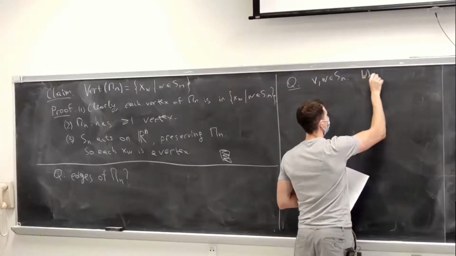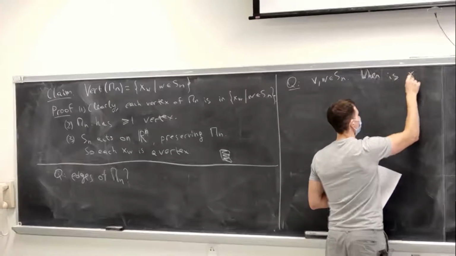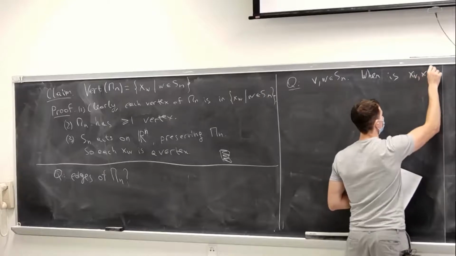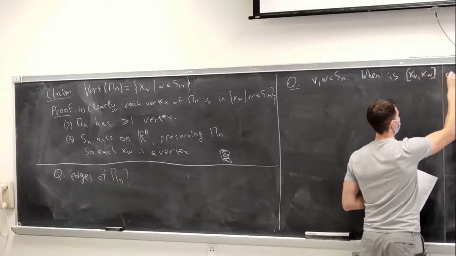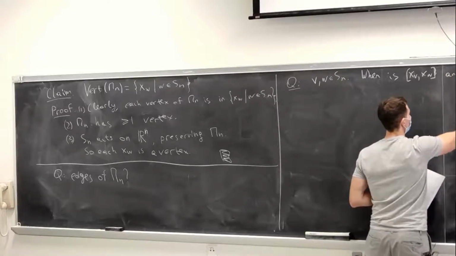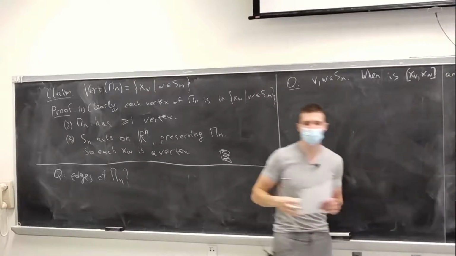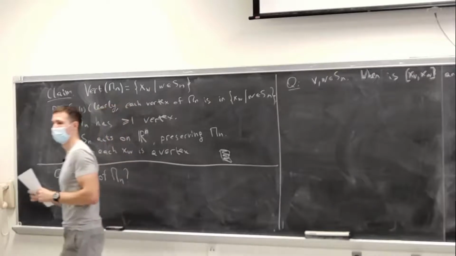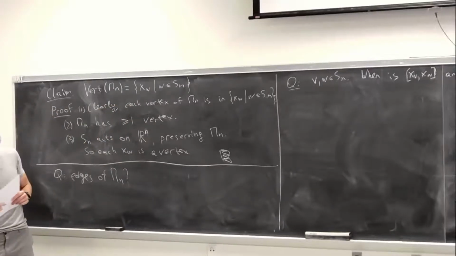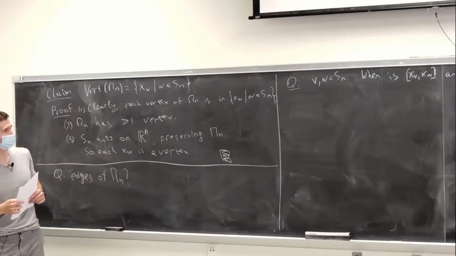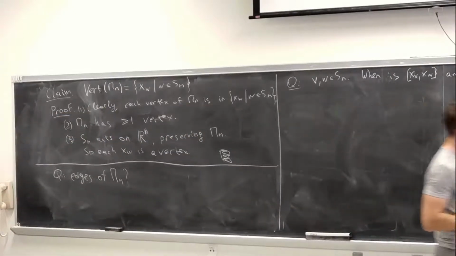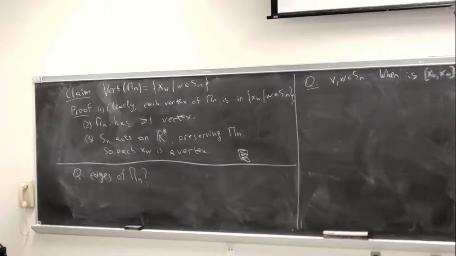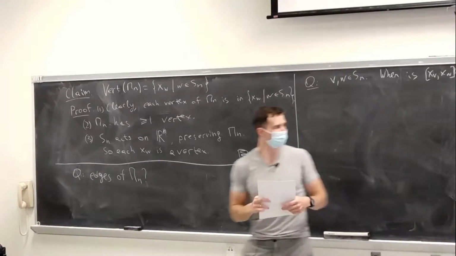When is xv, xw, the line segment, when is this an edge? Something related to the Bruhat order. That's a good guess, because this hexagon looks sort of related to the Bruhat order. If you know what it is, good; if you don't know, I'm going to tell you.